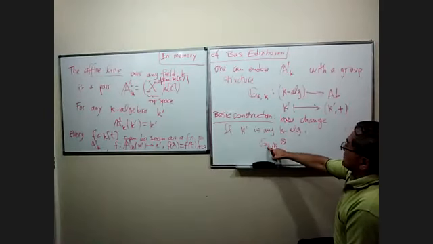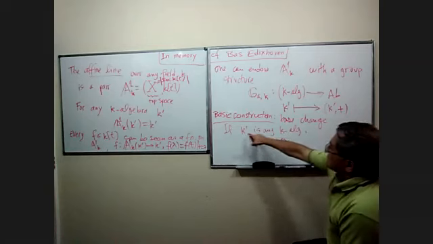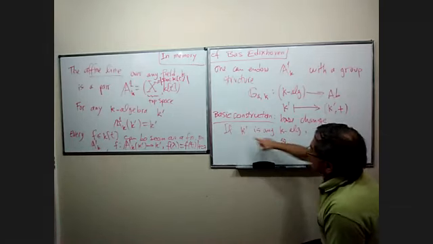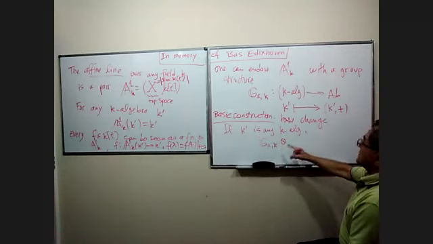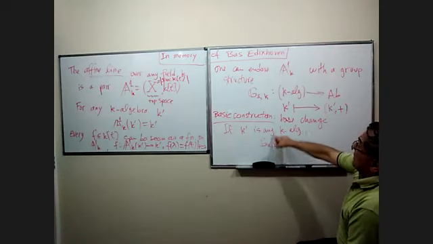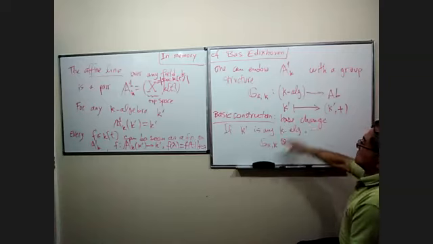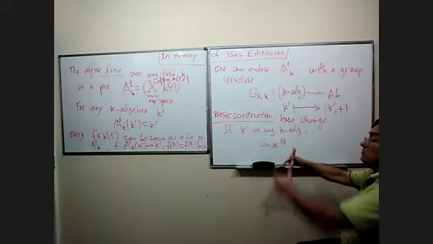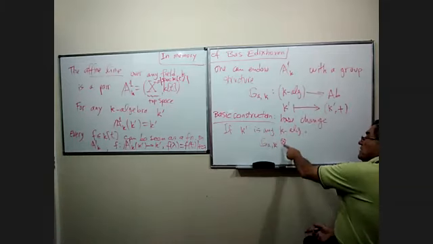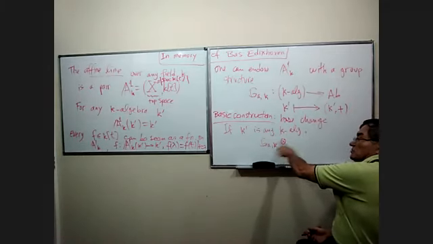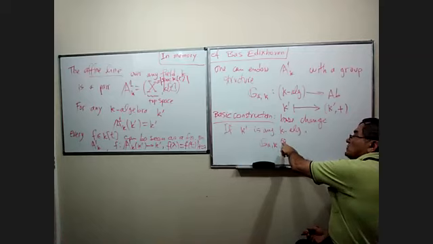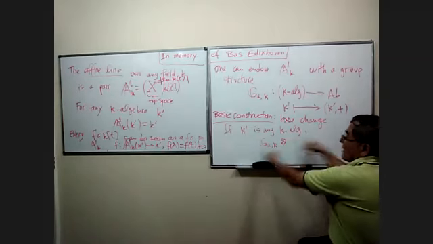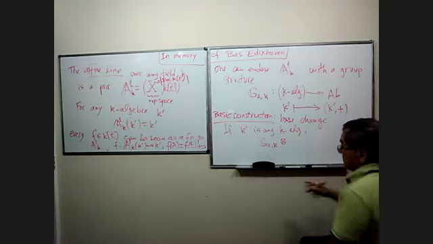I can take K prime to be any K-algebra, but actually I will be interested in purely inseparable extension fields. This base change construction in modern geometry is built on the tensor product of algebras. That's why this notation is still used, even though this is not a tensor product of algebras; it's just a notation.